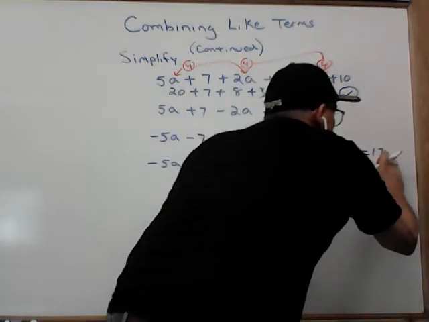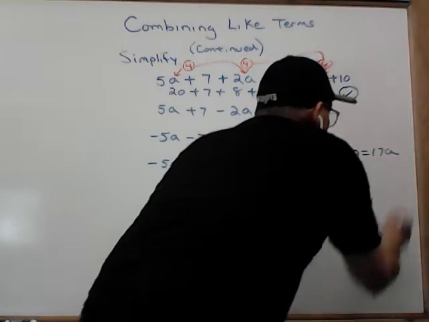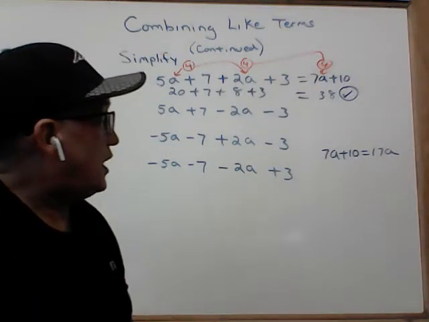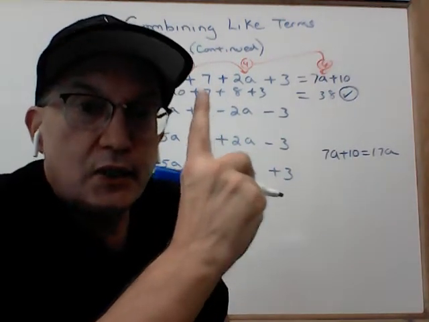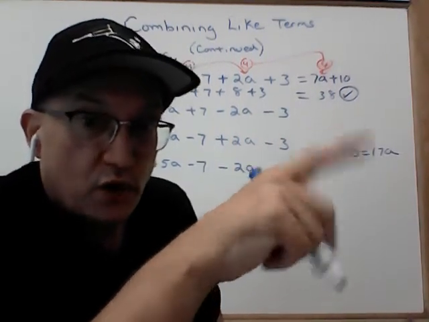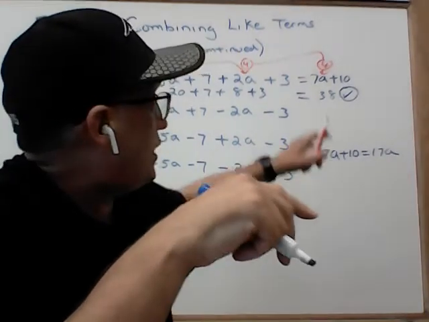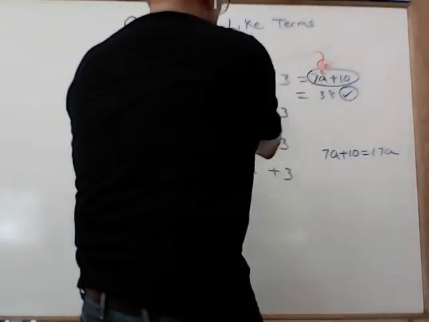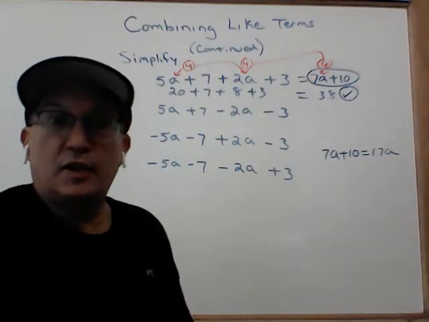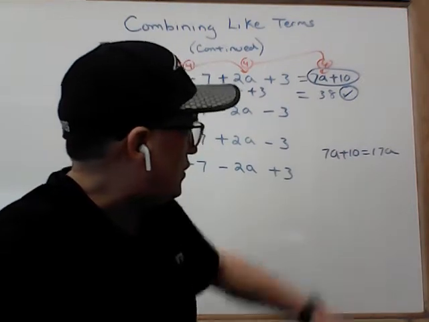Let's say for a moment that 7a plus 10 equals 17a. It does not, the two are not equal for all a's. That's why we had to stop at the 7a plus 10 up here, because this was just an expression we were trying to simplify. We had to stop at 7a plus 10. But let's say we're given this.